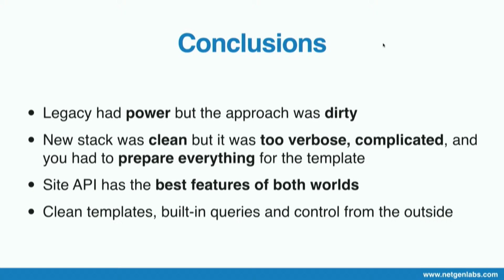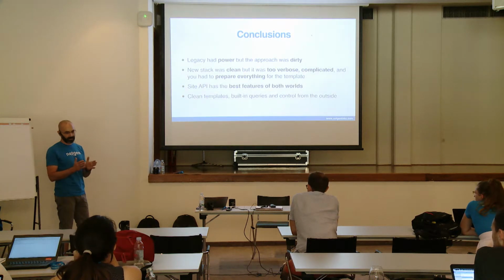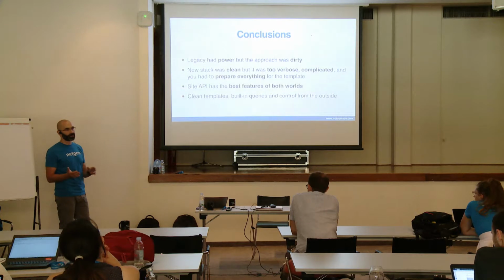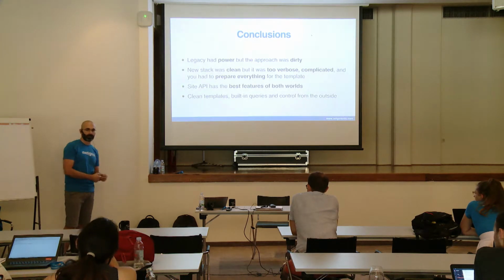And I believe the Site API with this feature brings the best features of both worlds. It is easy because we now have a simplified, abstracted version of the search API, but you don't do it from the template anymore. So basically, you don't pull data into the template, you push it in.